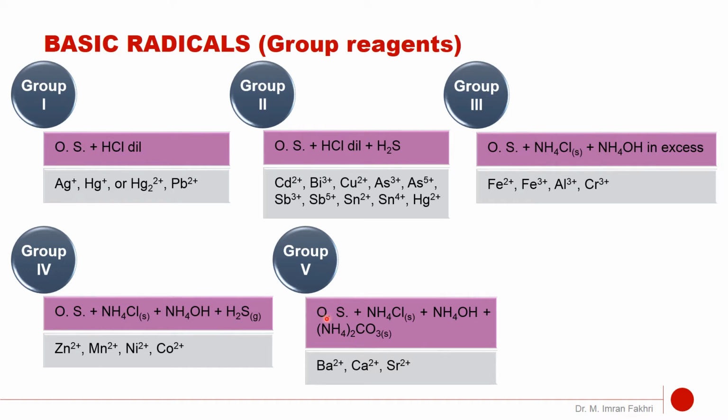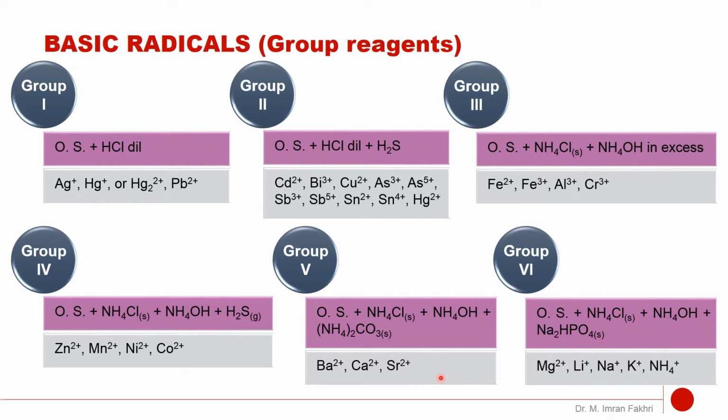In group number 5, in the original solution, we add ammonium chloride, ammonium hydroxide, and ammonium carbonate. If precipitation occurs, then the salt contains barium ion, calcium ion, or strontium ion.